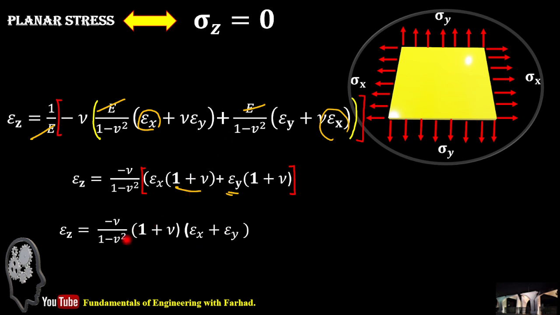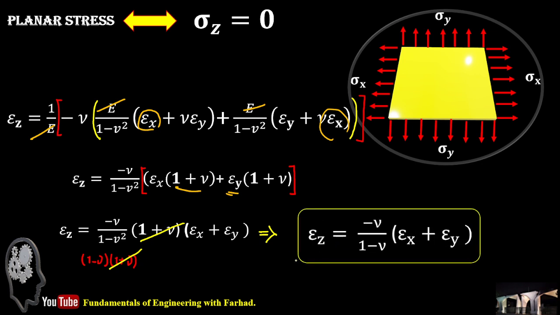Expanding the denominator, 1 minus nu squared equals 1 minus nu times 1 plus nu. Canceling these out gives epsilon z equals minus nu over 1 minus nu times epsilon x plus epsilon y.